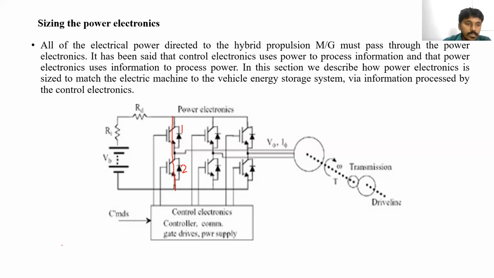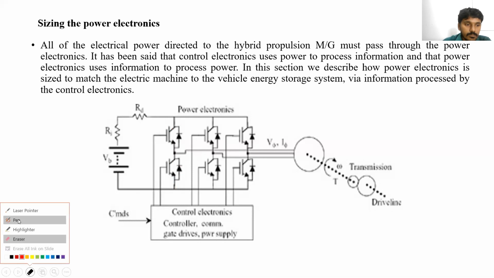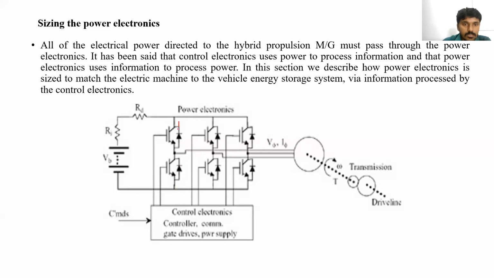For example, switch 1 is turned on. So the power flows from the battery terminal through switch 1, and the power is flowing through this phase. For example, this is the A phase.